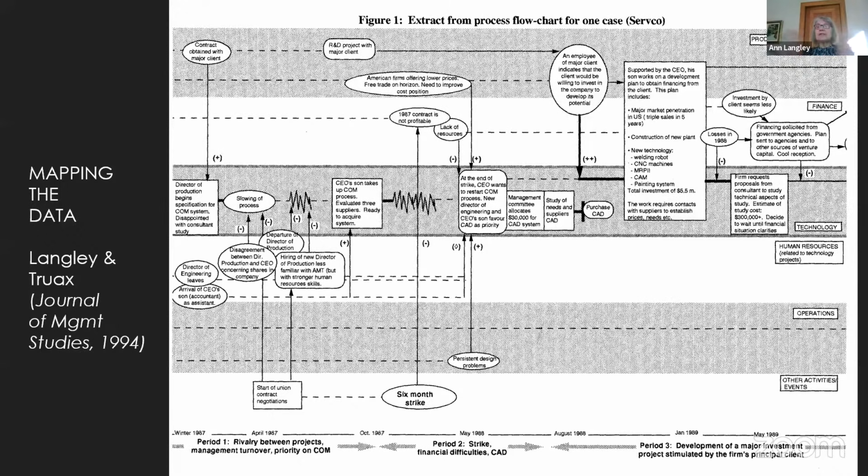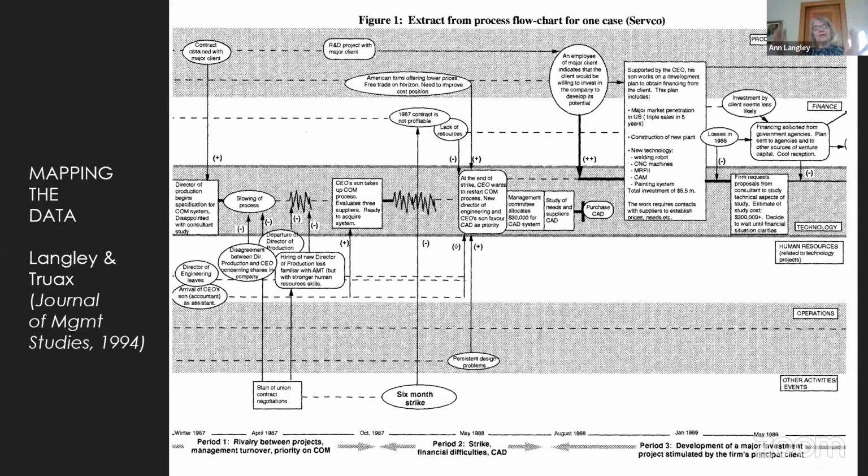So this is an example of how you can take some data and, instead of just coding it according to the Gioia method, you can display it along a timeline with events. This is quite a different way of coding. And it's still coding because we have coded the different kinds of events. This is a tool for describing your data.